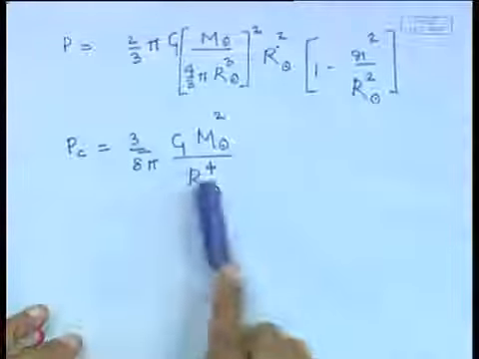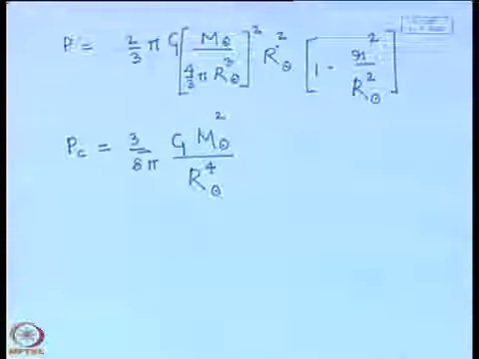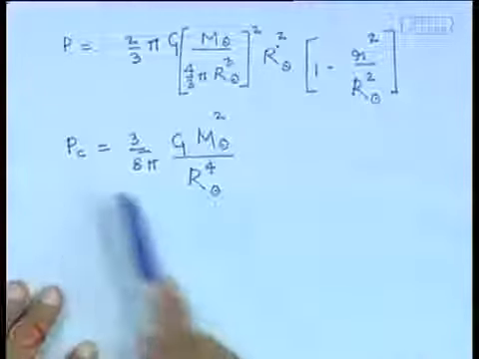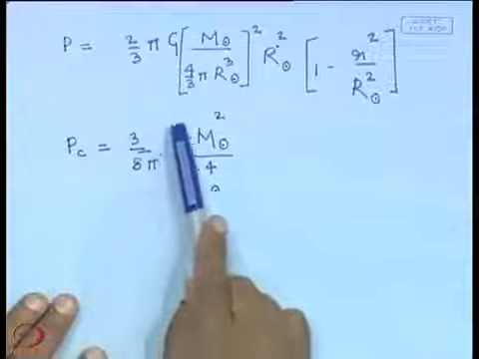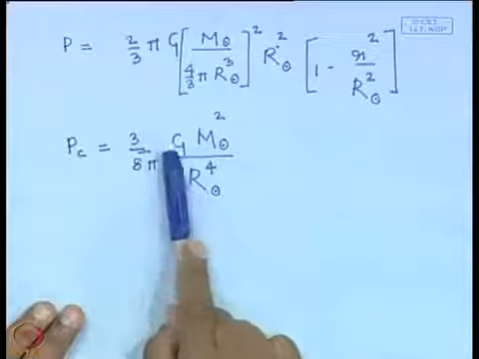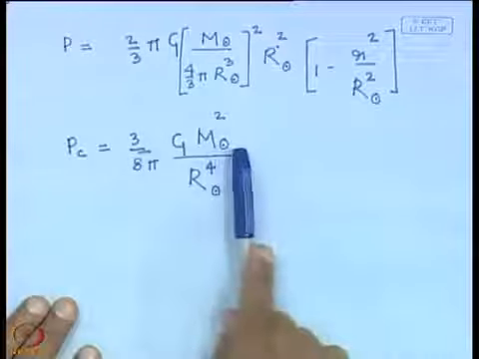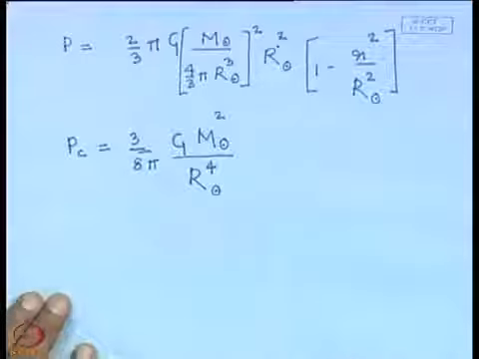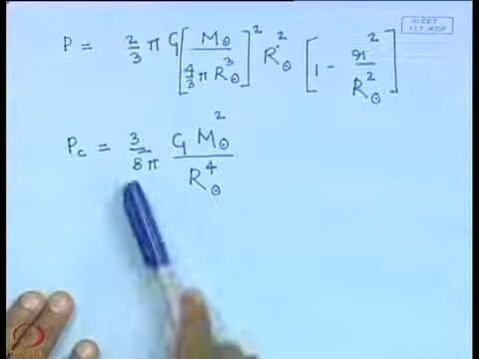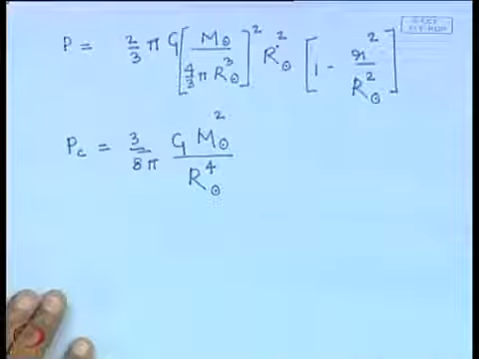Okay, so we have an estimate for the pressure at the center of the sun, and it is expressed in terms of just the universal gravitational constant, the mass of the sun, and the radius of the sun. It depends on just these 3 things, and there is a numerical coefficient outside.